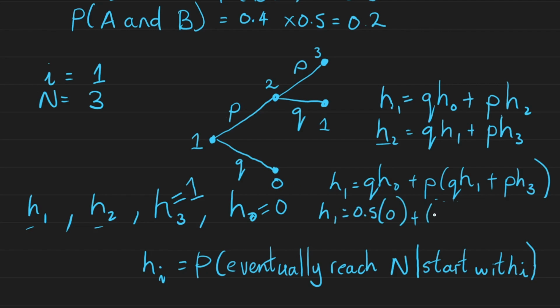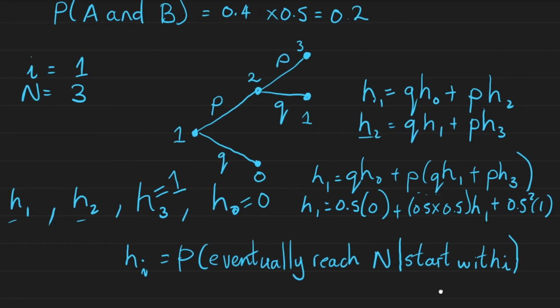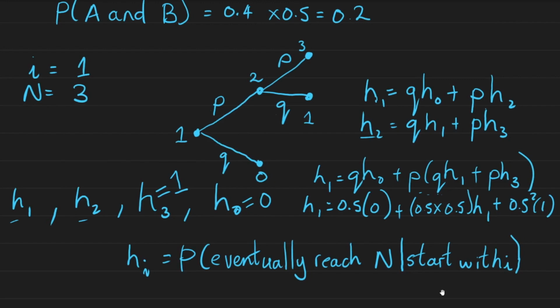Then we have 0.5 times 0.5 times H1, plus 0.5 squared, because that's what P times P is, times H3. And H3, we know, is equal to 1. So we can solve for H1 inside all of this.